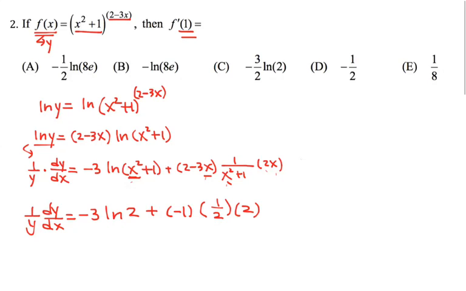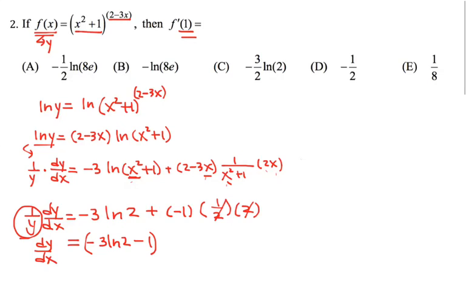Now, as you can see, this becomes negative 3 ln of 2 minus 1, because 1/2 and 2 cancel out to be 1. Now that's dy over dx. But in order for us to get rid of 1 over y, we have to multiply both sides by y.